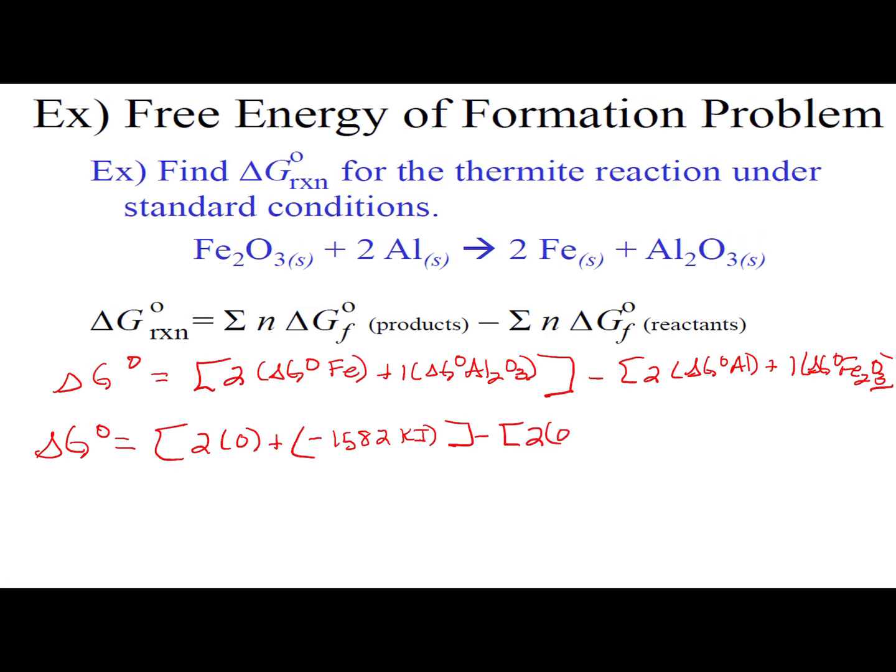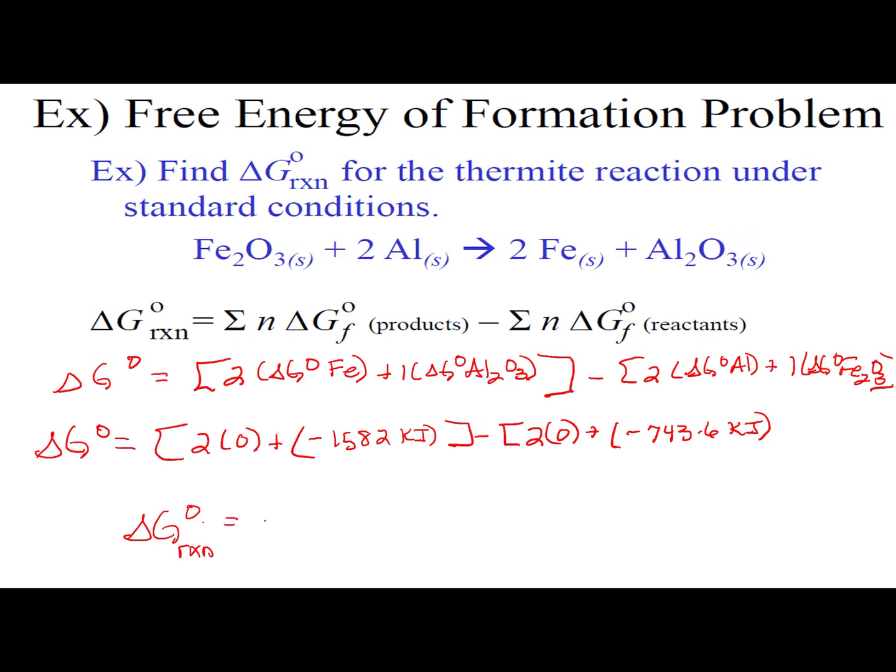Minus 2 times aluminum. Aluminum is an element, and so that will be 0. Plus 1 times Fe2O3. Again, this is a value that's going to be in the back of your textbook. Negative 743.6 kilojoules.